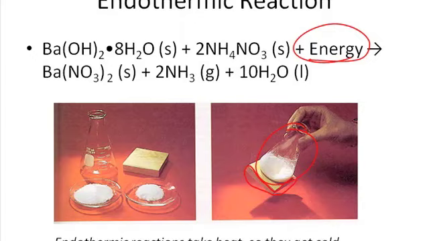An endothermic reaction basically takes the heat from the outside and brings it in. This is the reason why they feel cold, because it's removing the heat from your hands and putting it into the system.